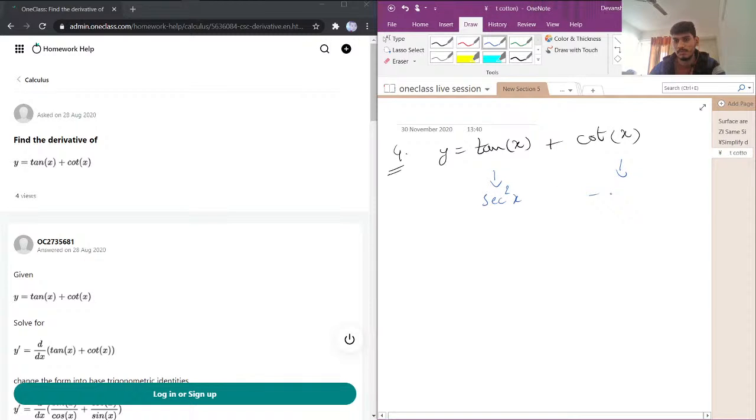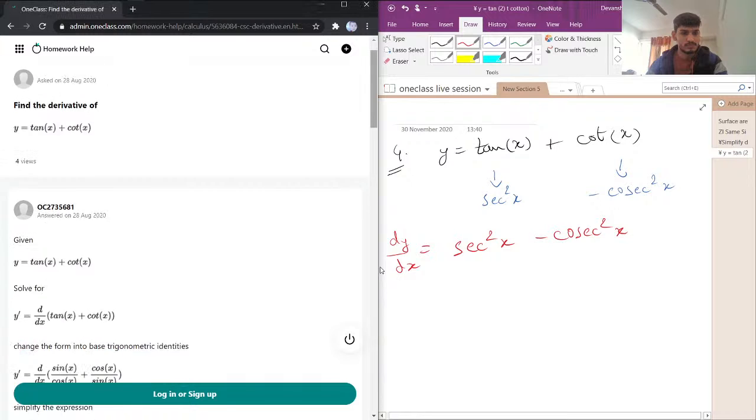The derivative of cotangent of x is minus cosecant square of x. So dy by dx equals secant square x minus cosecant square x.